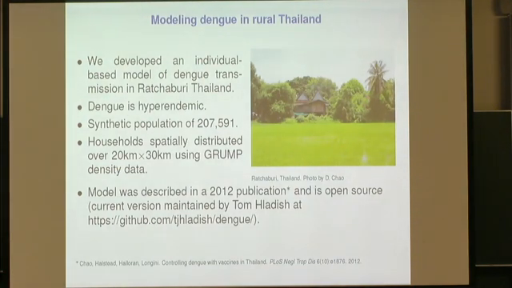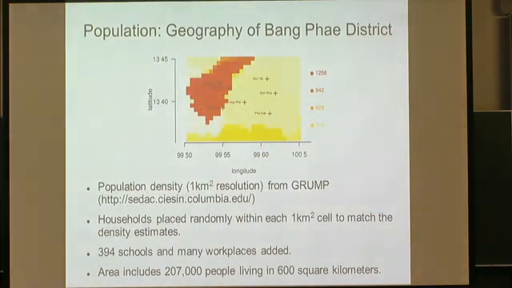We constructed the model for an area in rural Thailand, Ratchaburi, where dengue is hyperendemic. And we constructed a synthetic population of 207,000 people with households spatially distributed over a grid. All these results are published in this publication down here in Neglected Tropical Diseases.